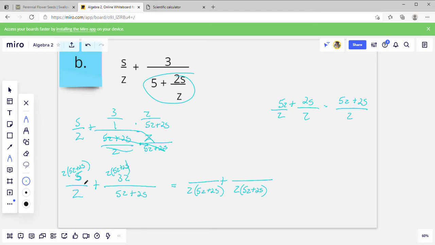Okay, right here the z's cancel out, but we have to multiply it times this 5. So that'd be 5 times 5z plus 2s. And this one, that whole thing cancels out, so z times 3z would be 3z squared.